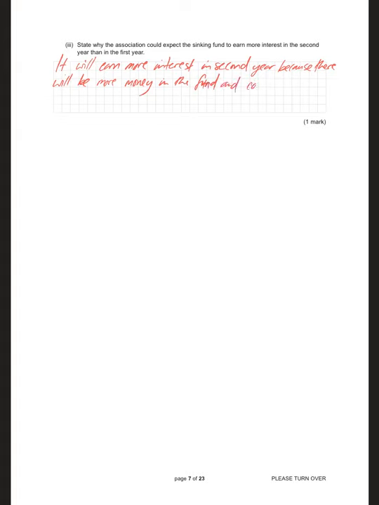And compound interest, so just so long as you mention compound interest, calculates the interest based on the current balance.